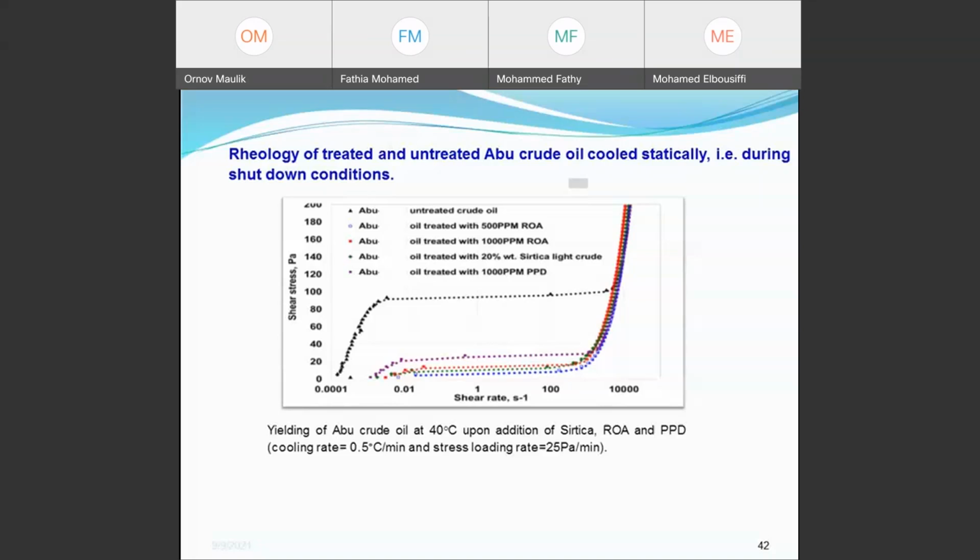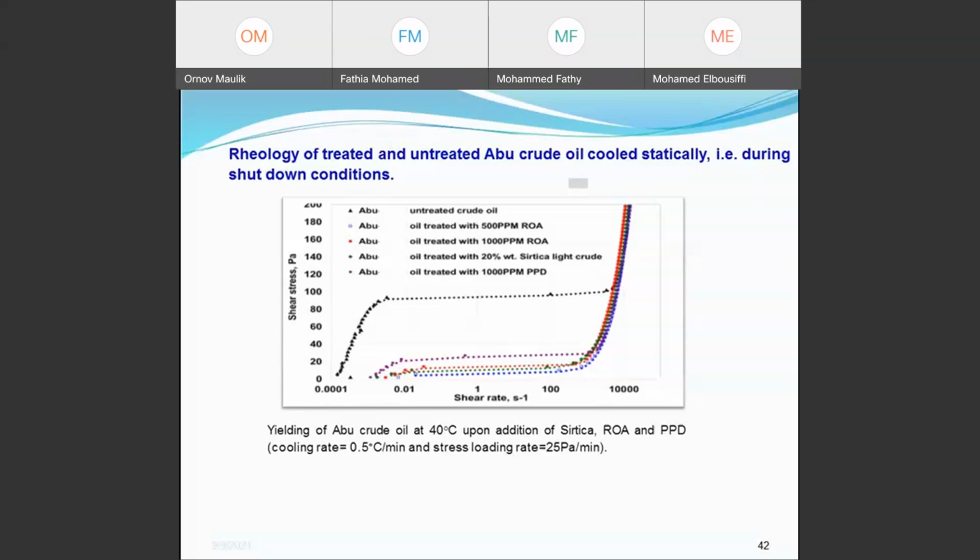Here the cooling rate we used, 0.5, means a longer cooling time, which represents the pipeline shutdown period. The minimum reduction obtained in this figure was about 70% with chemicals, which is very good.